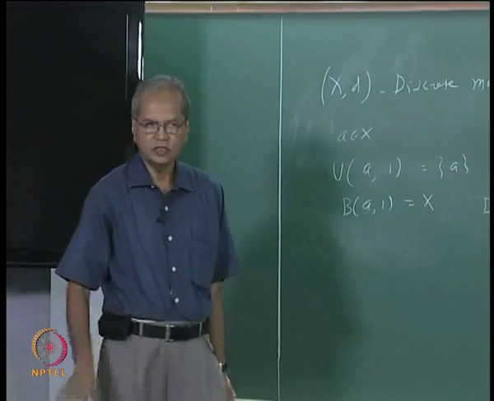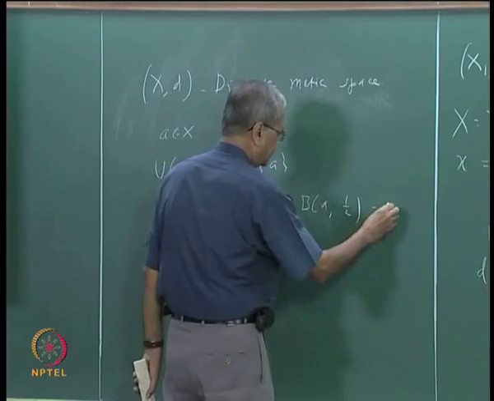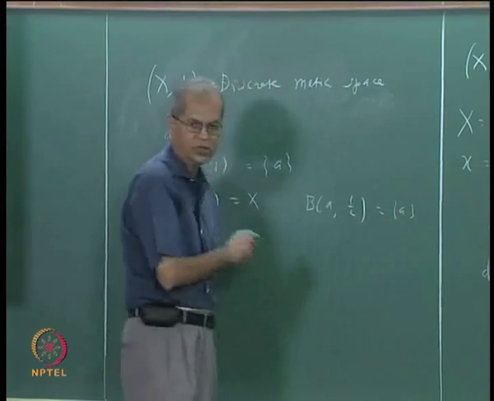So if you take any number strictly less than 1, this closed ball with center a and that radius is just the singleton {a}, because there is no other point in between.